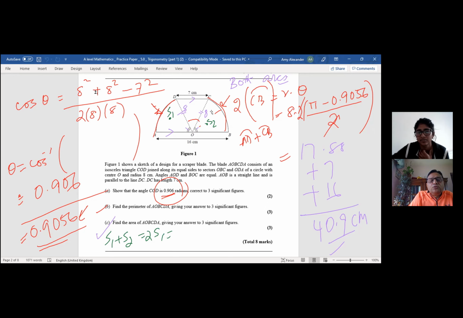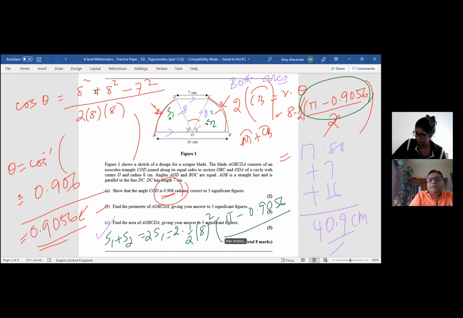So it is 2 times half of R squared. R is 8, so 64. And then theta you calculated, so pi minus 0.9056 over 2. That is theta. R squared theta. So we get this area.